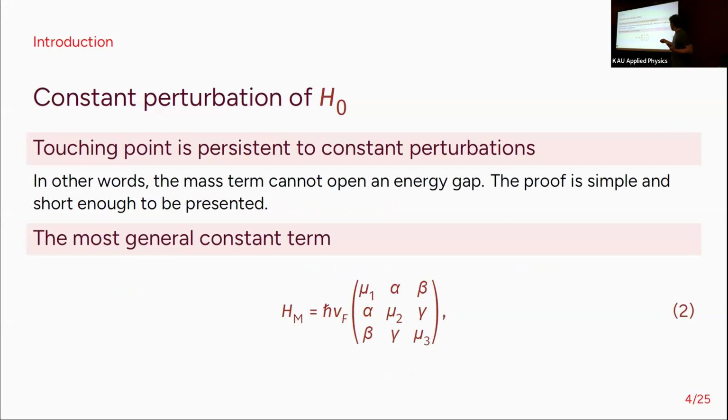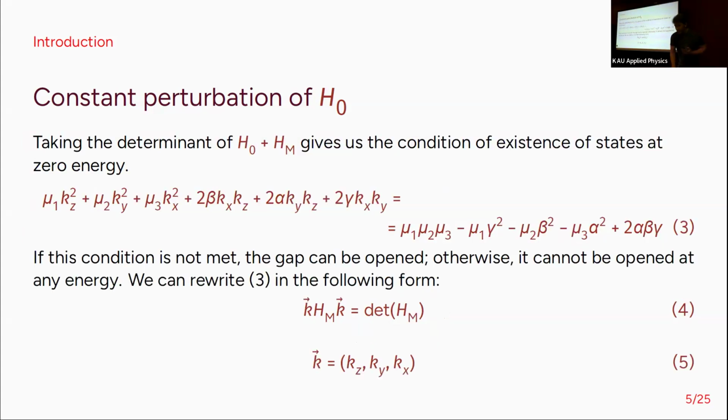As you can see, mu1, mu2, and mu3 are linearly independent. And this way, our mass term also contains energy translation. So if there is no energy gap at the zero energy, there won't be any energy gap at any energy. Oh, mass gap, energy gap, I'm sorry.